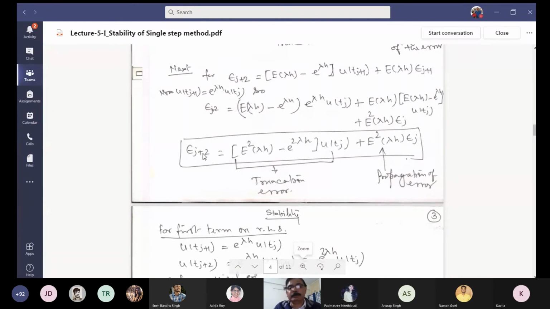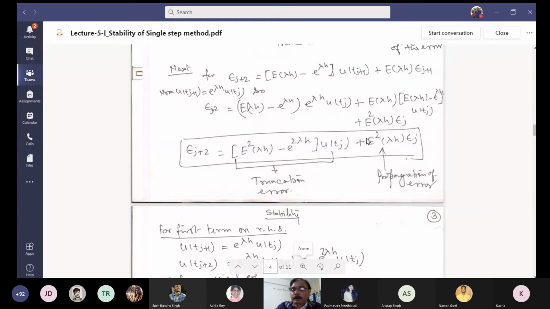This is coming as e square lambda h minus e to power 2 lambda h into utj plus e square lambda h epsilon j. It means that at the second stage, epsilon j plus 2, whatever error we have committed at the jth stage becomes a square of that.